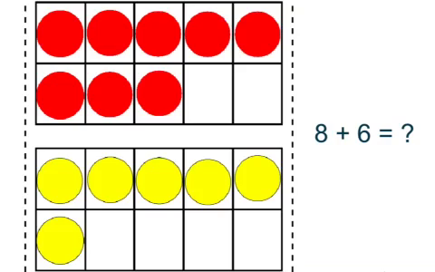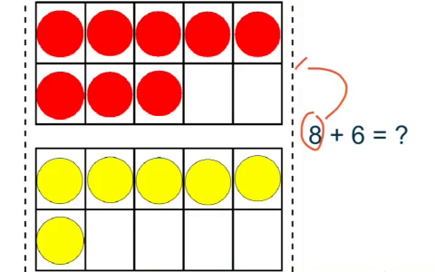Here's a double 10 frame with some red dots and yellow dots. In our number sentence, 8 plus 6 equals what? You can see here with the red, that's how I'm showing 8. There are 8 red dots on this 10 frame. Let's count them. 1, 2, 3, 4, 5, 6, 7, 8.